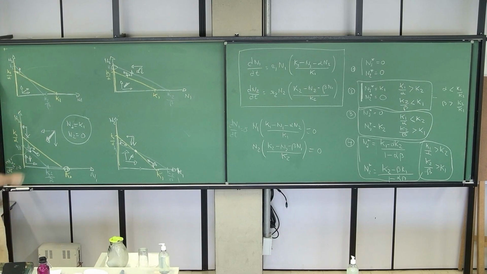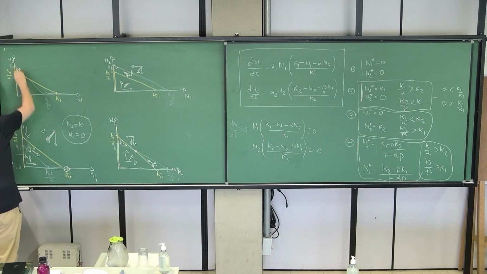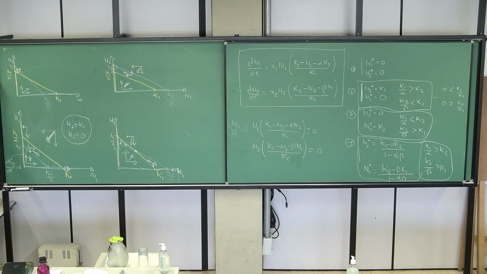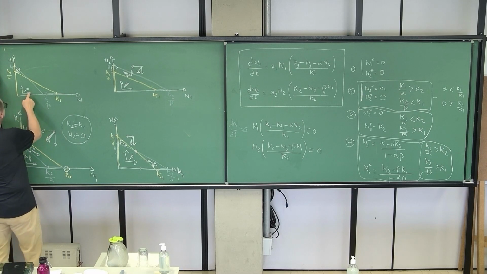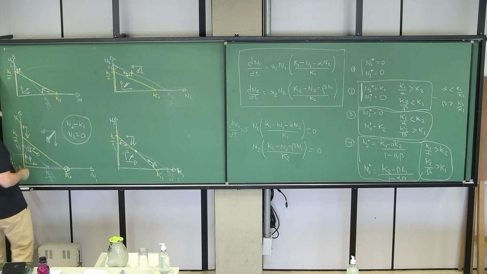So now it's pointing to this point. Now, if I cross this one, it reverses, and this one continues, so it's pointing to this point.